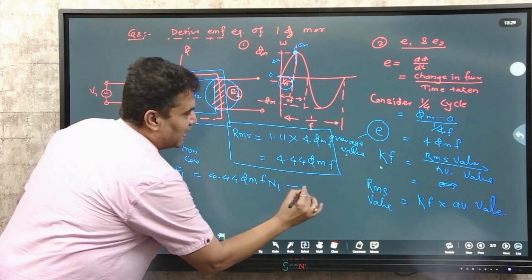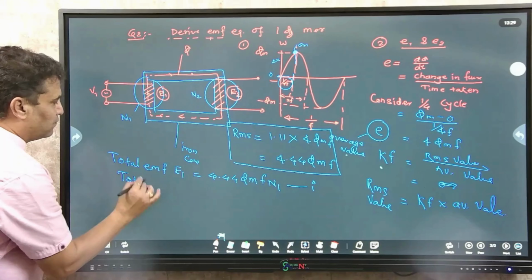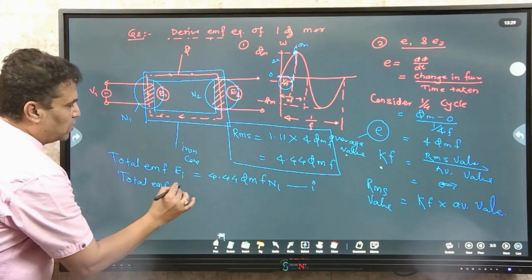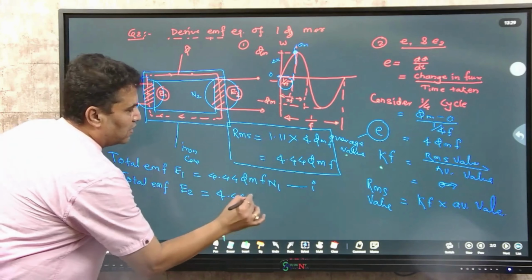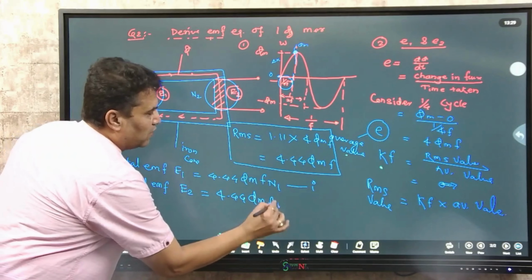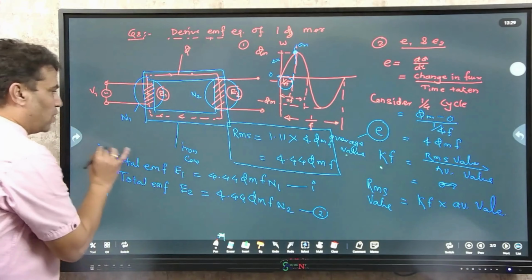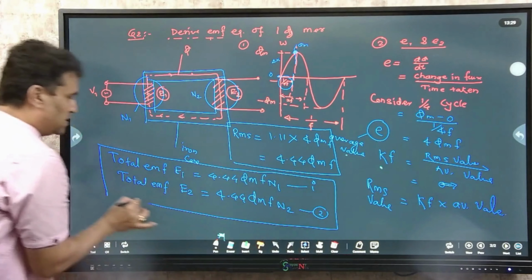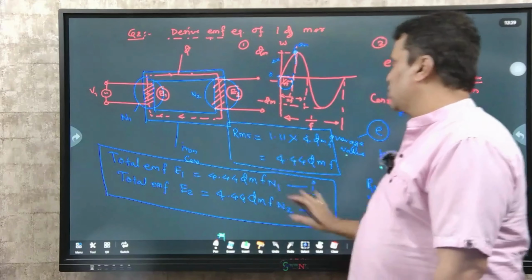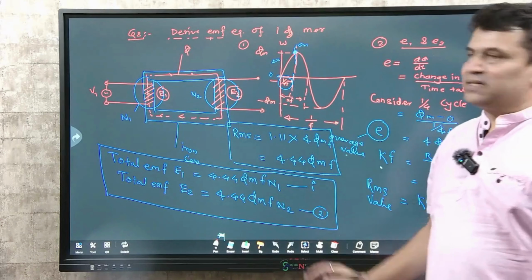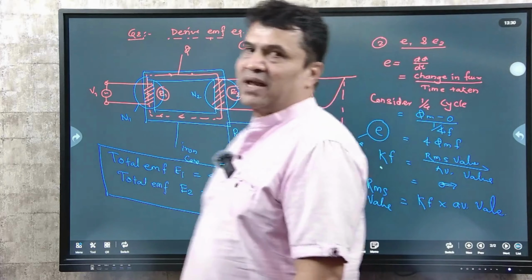This will be your first EMF equation. And the same flux links to the secondary, that's why the total EMF for the secondary, that is E2, equals 4.44 phi mf into N2. That is your second equation, and both these equations are called the EMF equation of the transformer. So for 4 marks you have to write the answer like this. This answer you can get from anywhere, but this is the procedure to write the second important question on transformer.